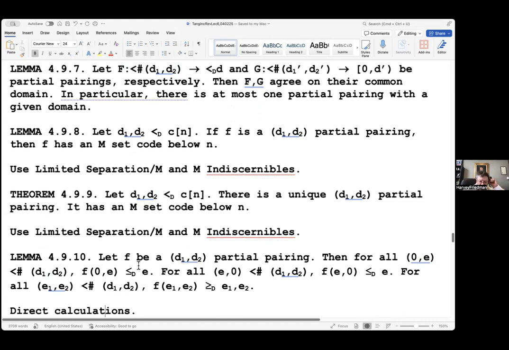It has an M-set code below N. Yeah, so this is what we were aiming for. We want to get these partial pairings on the domain D. Remember, the domain D consists of equivalence classes under isomorphism of internally well-founded pre-linear orderings. Okay.